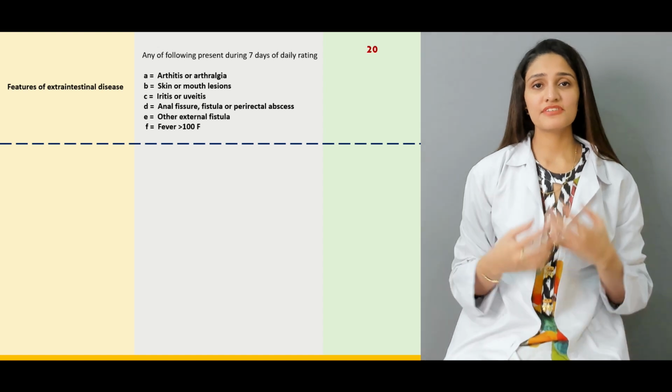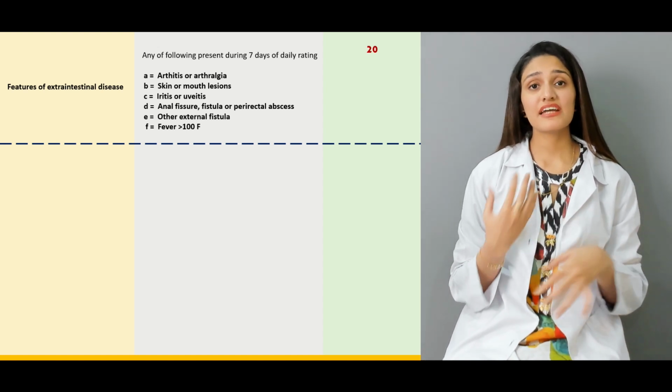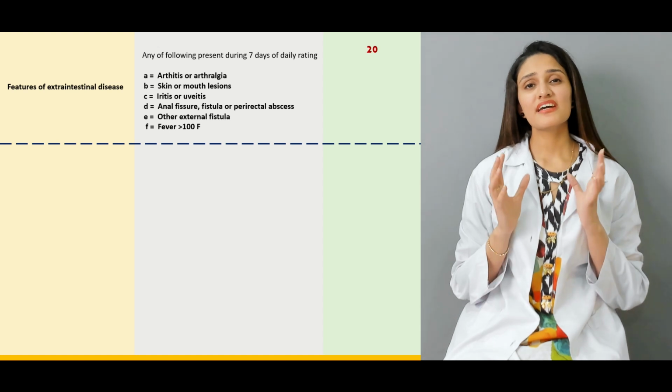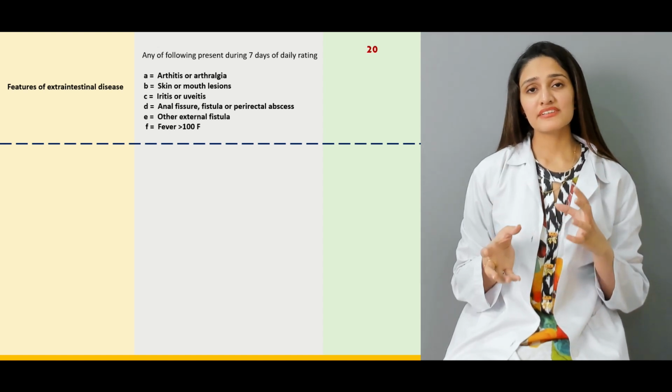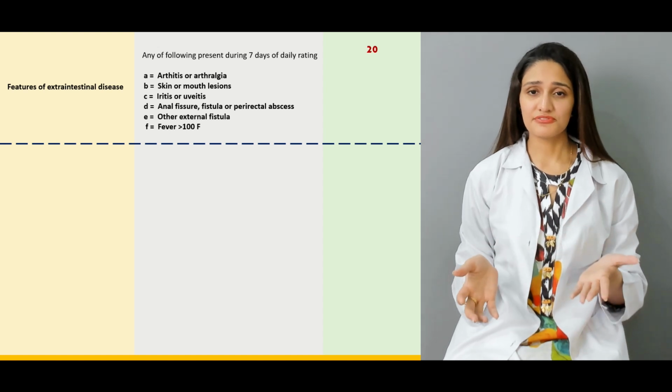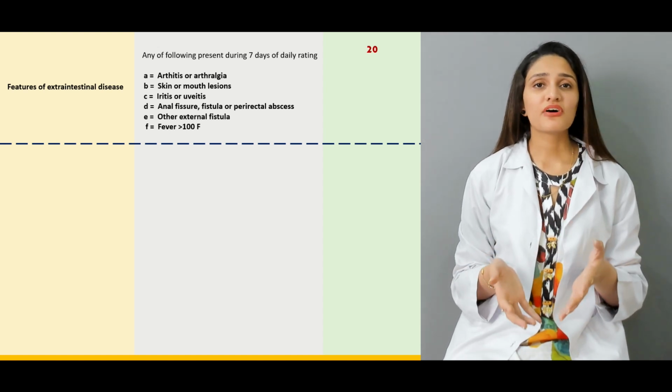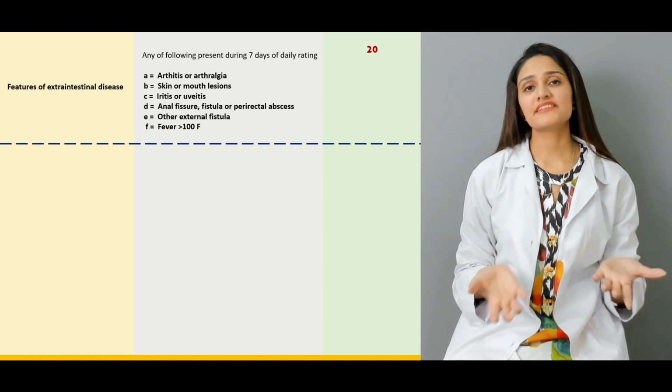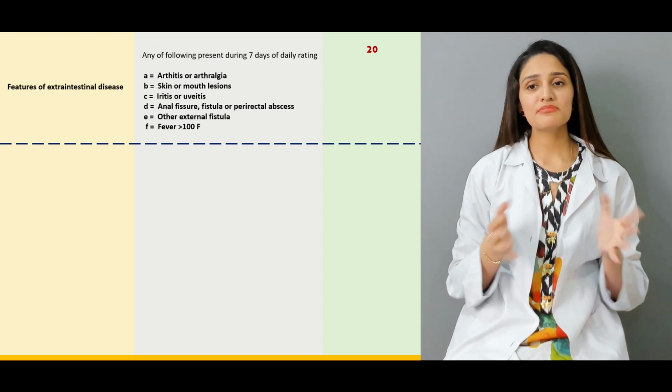The next feature that we'll be seeing is extraintestinal disease. We're going to be focusing on features other than those related to the digestive tract, so we could also call them extraintestinal manifestations.